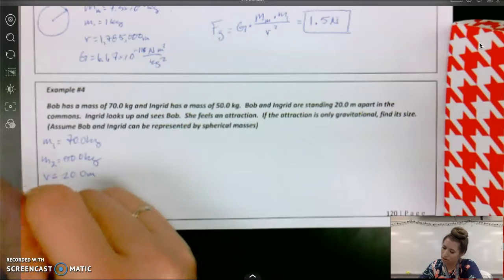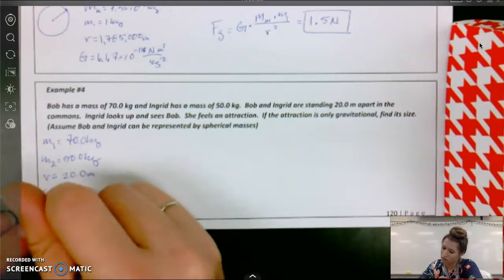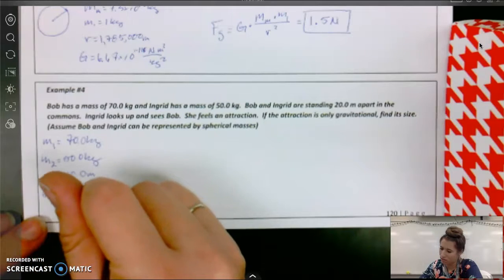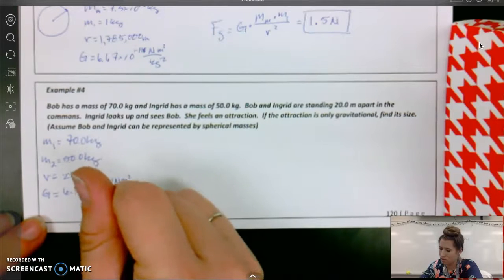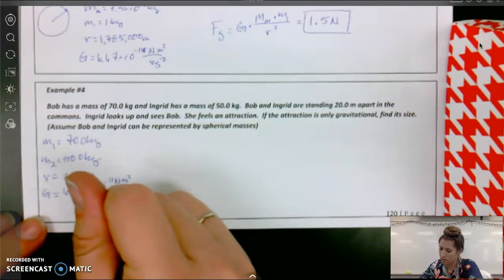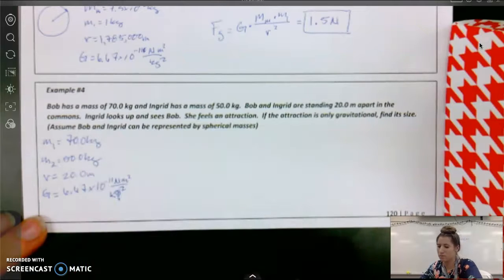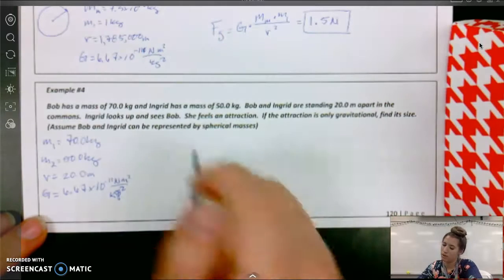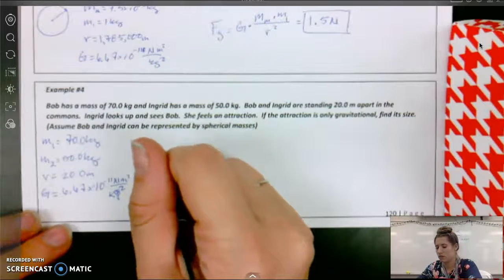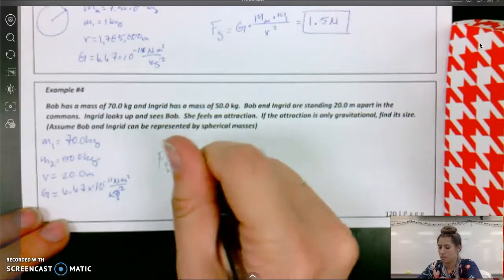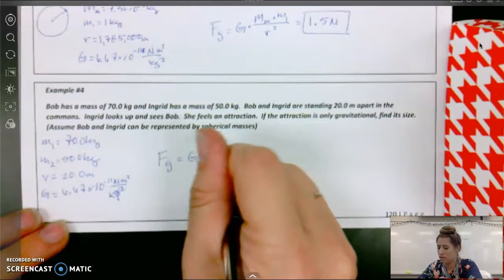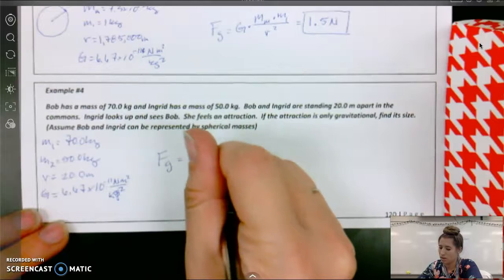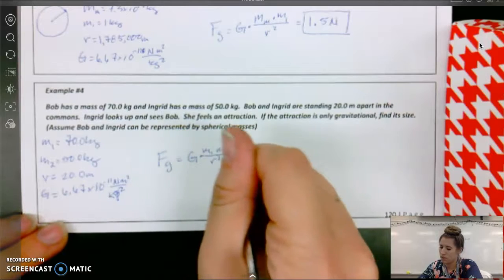And we know that the gravitational constant there is 6.67 times 10 to the negative 11 Newton meters squared per kilogram squared. And we have our equation to figure out that force due to gravity. So it's going to be G multiplied by M1, M2, over R squared.